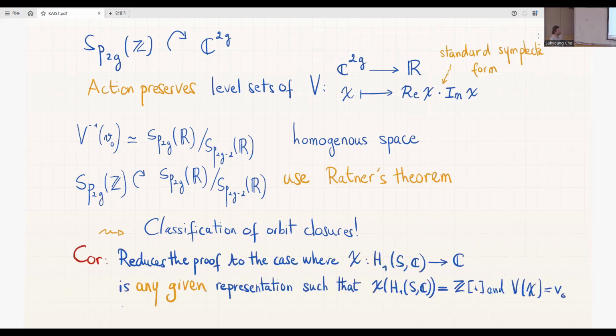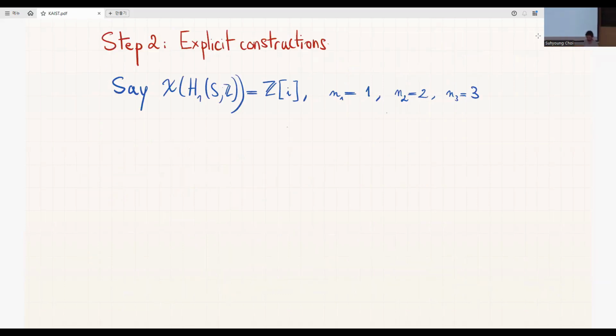What I want to tell you is just a corollary of this classification: you can reduce the proof to the case where chi is any given representation whose volume is fixed and whose image is a given lattice, because in the closure of your orbit you will find such a chi. So we are really reduced to just one case here.